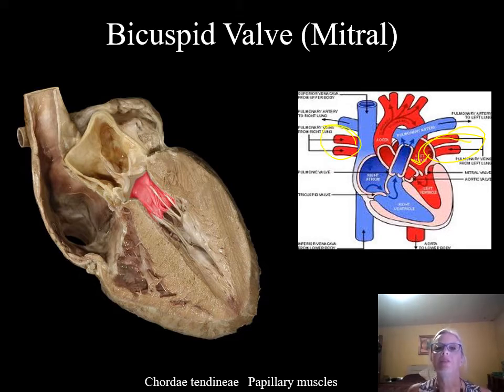The blood passes from the left atrium to the left ventricle here, and then it's going to go back up through, you can see the arrow here, through the mitral or bicuspid, also known as atrioventricular valve. And that valve is going to prevent backwards flow, and then blood is going to exit here through the aorta.